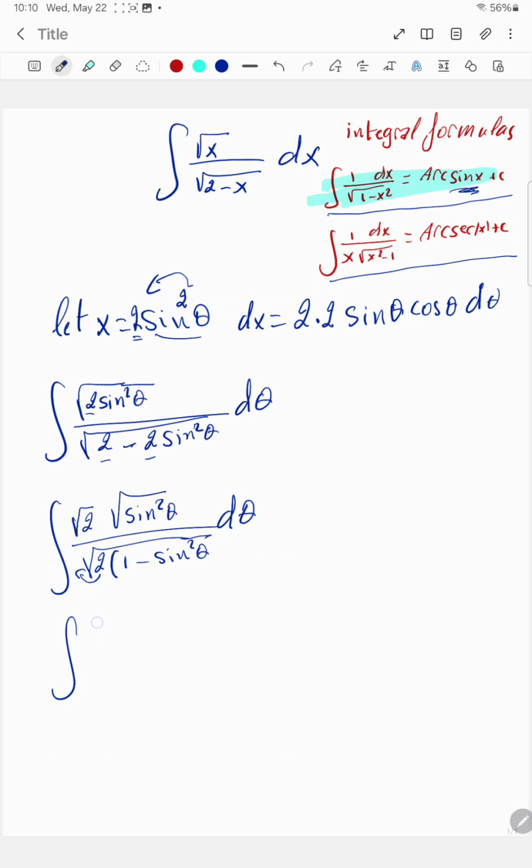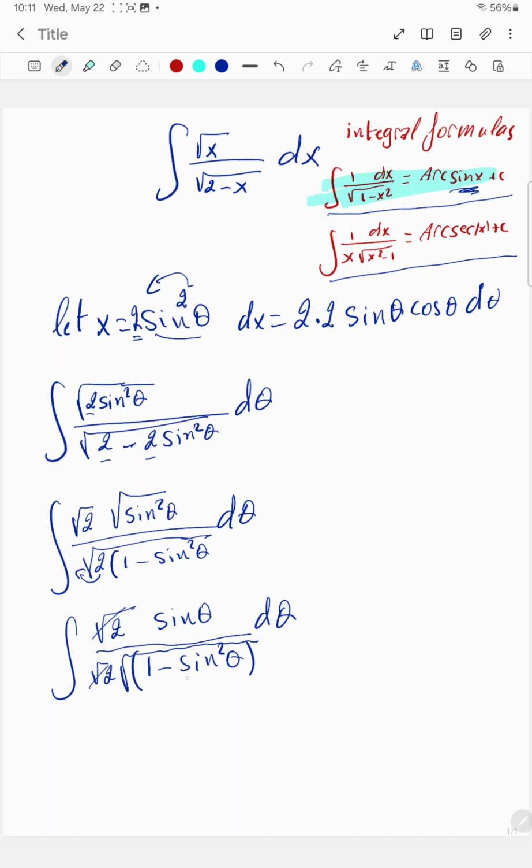The square root of 2 here, I will take it outside. So it becomes square root of 2, while square root of sine squared of theta is sine of theta, divided by square root of 2 times square root of 1 minus sine squared of theta, and there is d theta here. Perfect. Now the square root of 2 and square root of 2, I can simplify and take out.